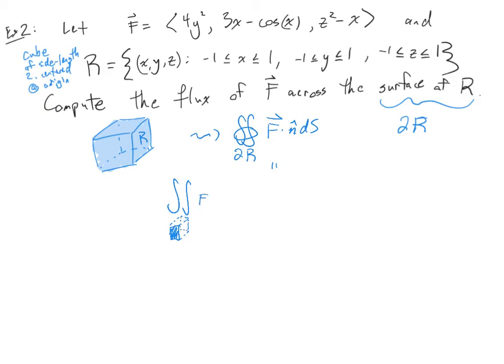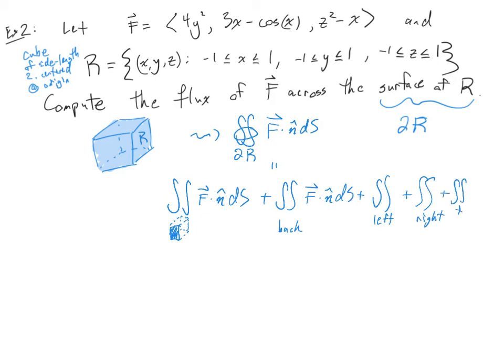Of F dot n hat dS, and you'd have to come up with a parameterization for that front face, plus the back one, plus the left, plus the right, plus the top, and plus the bottom, because R has these edges, and so every time you run into a corner like that, you're going to have to switch parameterizations.